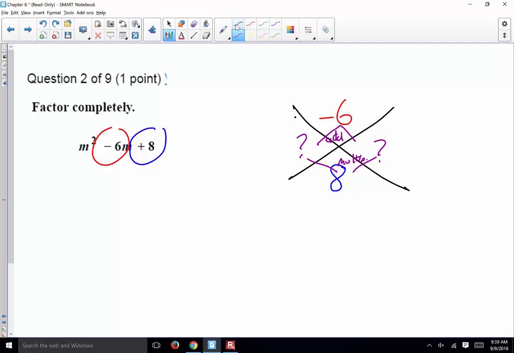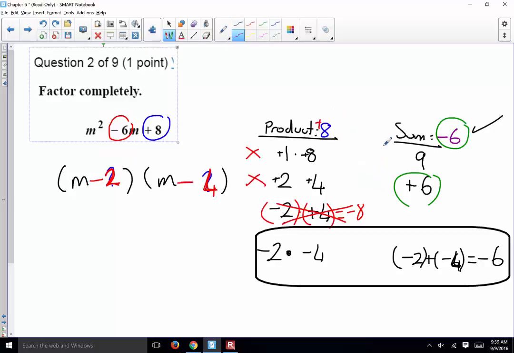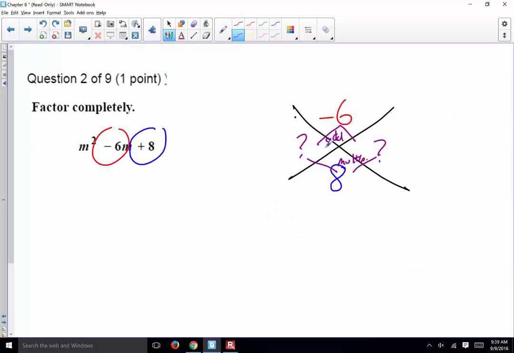It's just a different way of putting numbers. Instead of making this trial, you're making trials here. You try first 1 and 8. Yeah, 1 and 8 makes 8, but is 1 and 8 adding to -6? No, switch it. Okay, is it 2 and 4? 2 times 4 is 8, but +2 and +4 is not adding to -6.